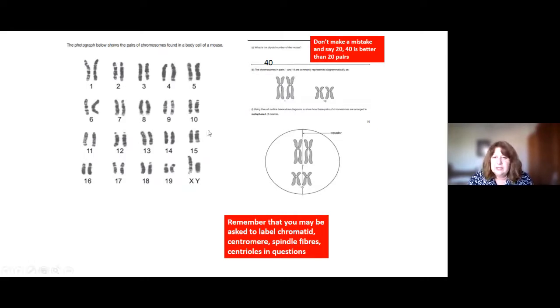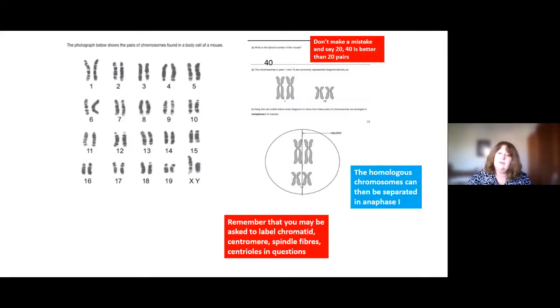You can see these are homologous chromosomes, or the two together is the bivalent. You've got chromatids, you've got a centromere. There's lots of things you could label with accuracy. So it's important to look at the number of marks and judge how much detail you'll need to provide.